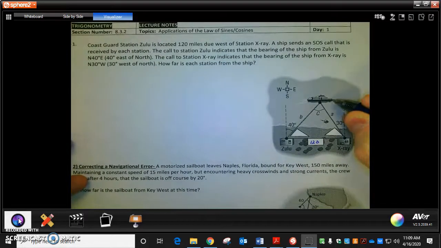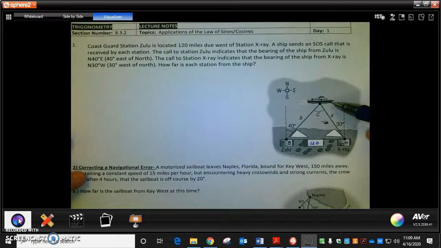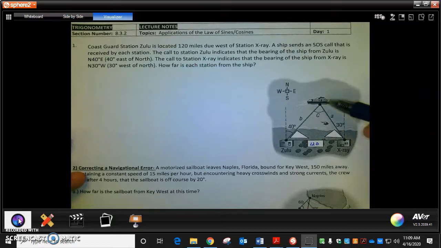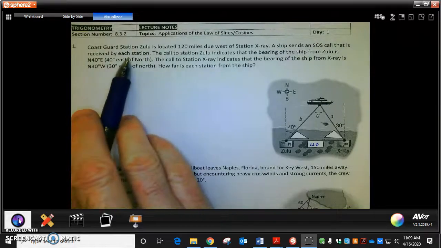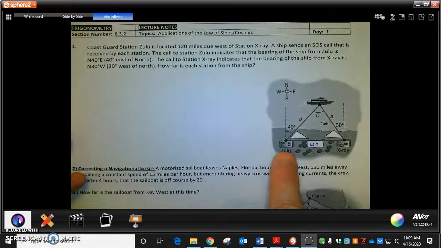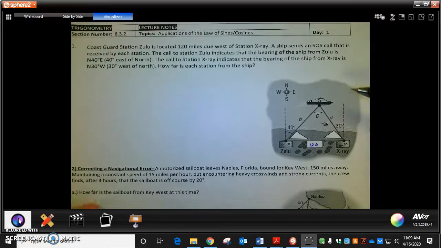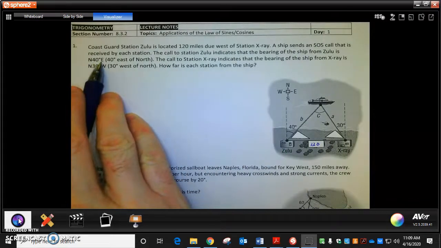Okay, and this ship is out to sea, and these two stations can't really see it. It's far enough out that, because of the curvature of the Earth, you wouldn't be able to see the top of that ship. So here's what's happening. A ship sends an SOS call that is received by each station. Now, the call to station Zulu indicates the bearing of the ship. Bearing is a nautical term, and this information right here says north 40 east.